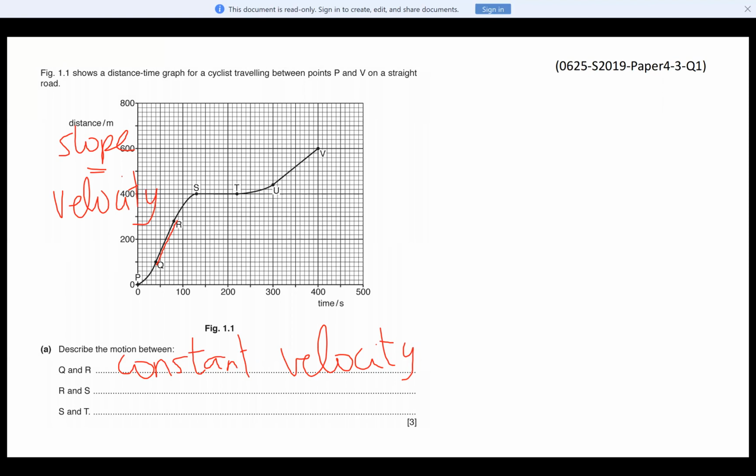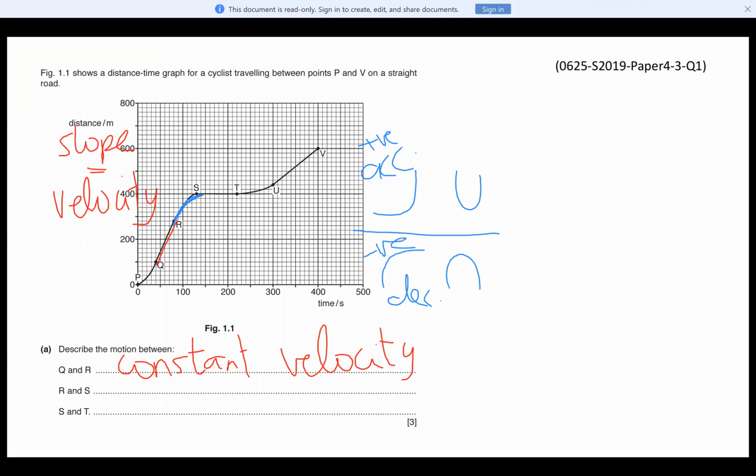Between R and S, we have a curve and it's frowning, not smiling. This is a smiling curve because it belongs to a smiling face, and this is a frowning curve because it belongs to a frowning face. So this would be acceleration, and this would be deceleration: positive, increasing velocity, and decreasing velocity.